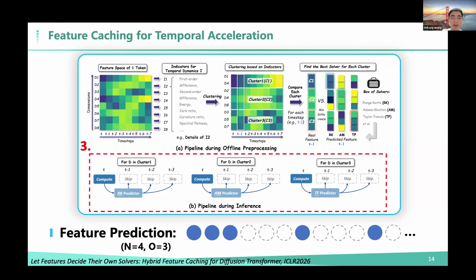The feature prediction pipeline is like this: in this figure, we first compute 3 steps as historical features, and then we apply the solver to predict the next 3 steps without computing the large DiT network. Then we compute the DiT network again for an accurate feature, and then apply the solver for the next 3 time steps, and so on.